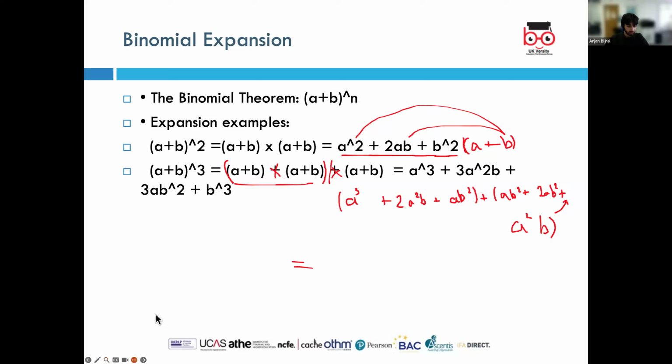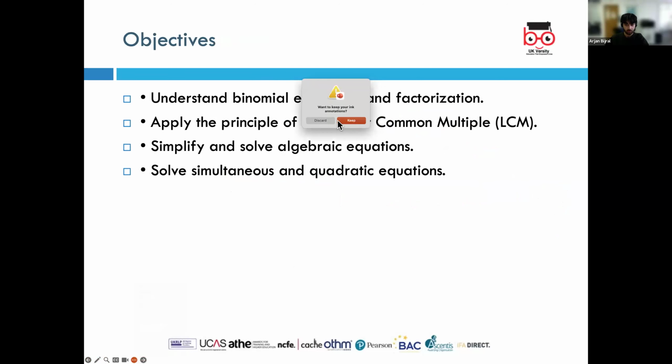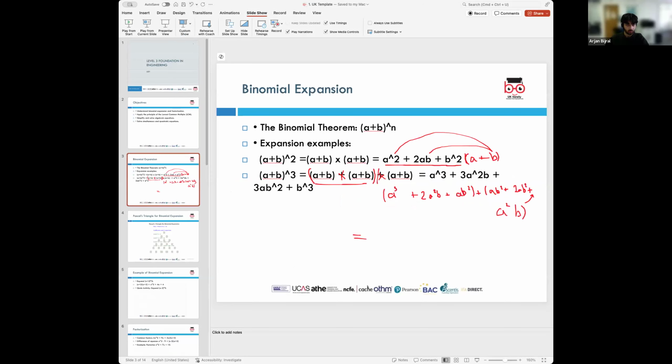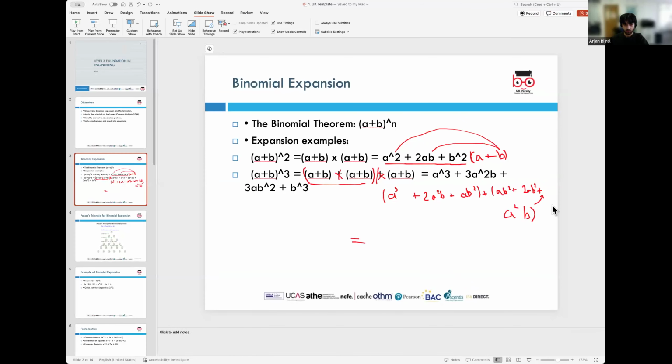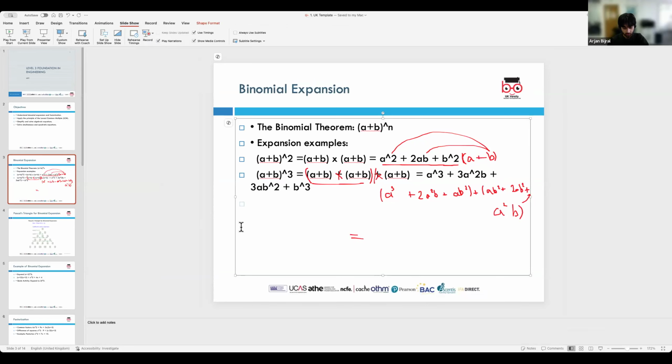It might be easier if I just type it out so it's easier to visualize.